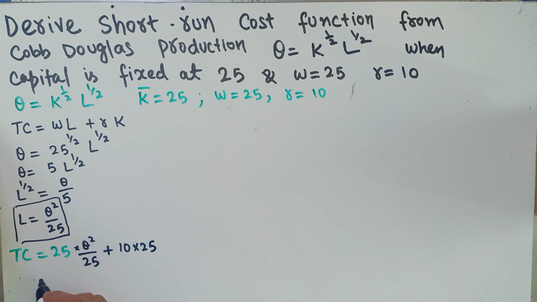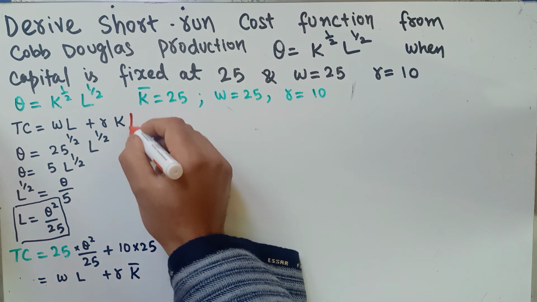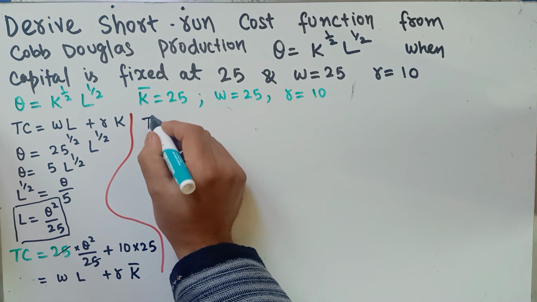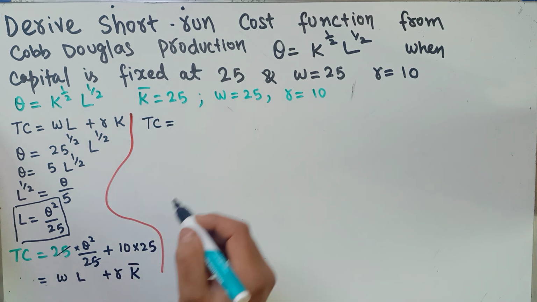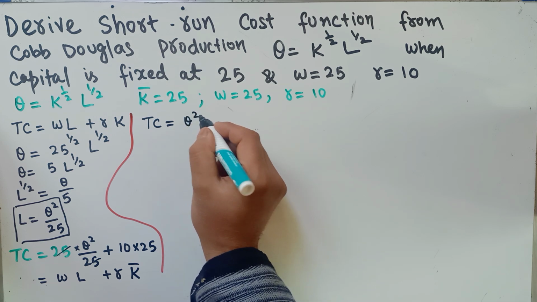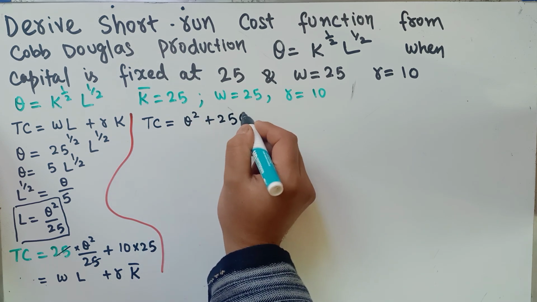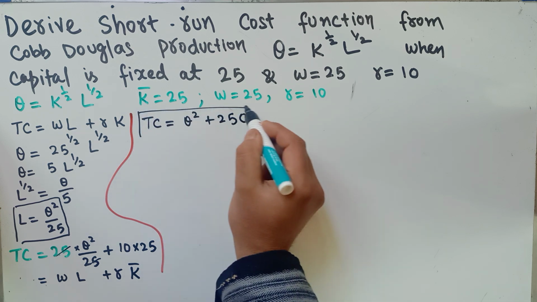This is to say our cost function is W times L plus R times fixed capital. Solving this, 25 and 25 will cancel. So the total cost function for this firm will be equal to Q squared plus 250. This is the short-run cost function for the firm.